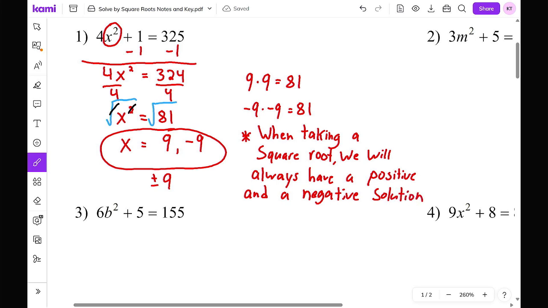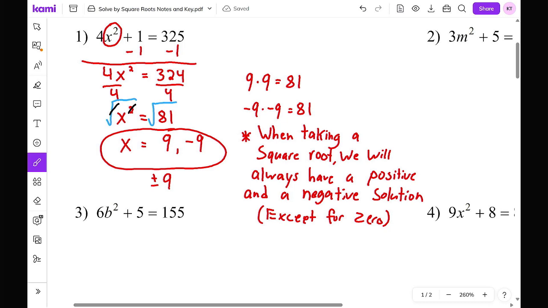All right. The only exception we can have to that would be for 0. So I can say here, except for 0. And then also imaginary numbers, which we'll get into later on in this unit. All right, but we don't have to worry about that for now. So for today, just remember, when we take a square root, we're always going to have a positive and a negative solution.